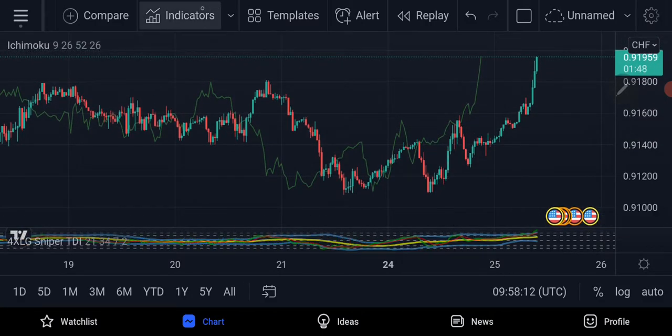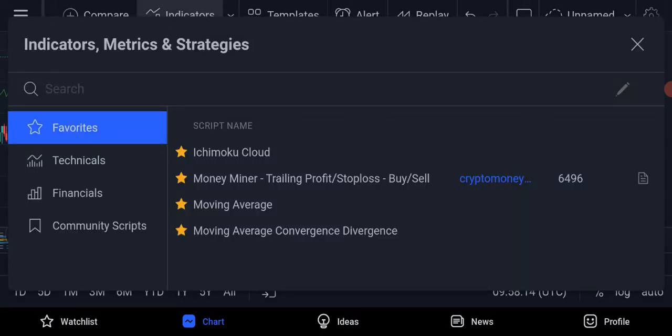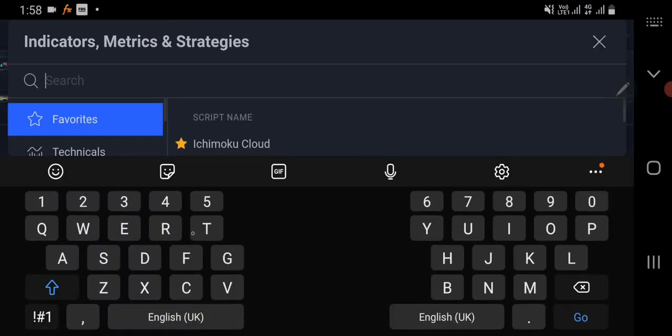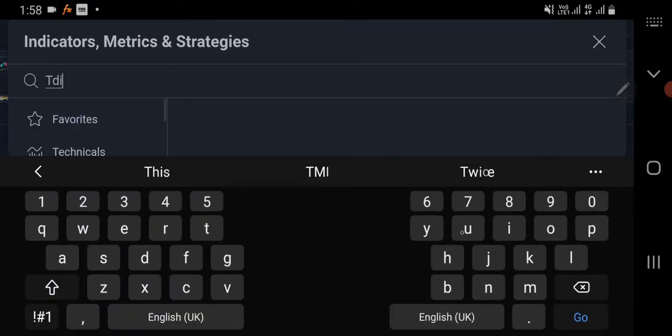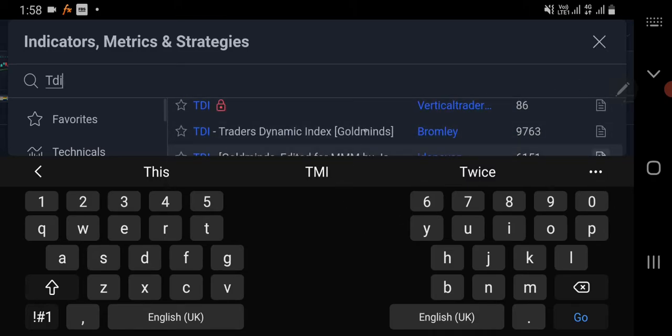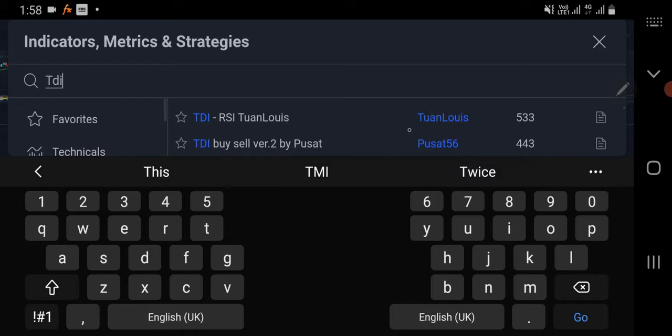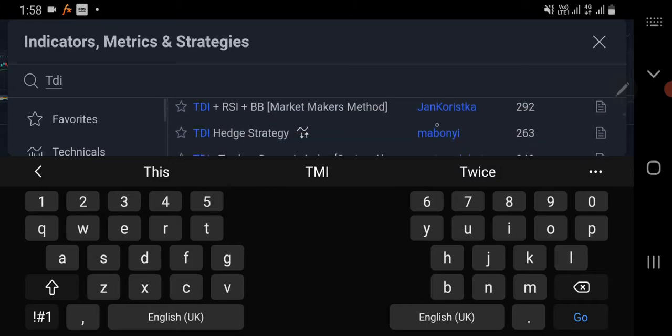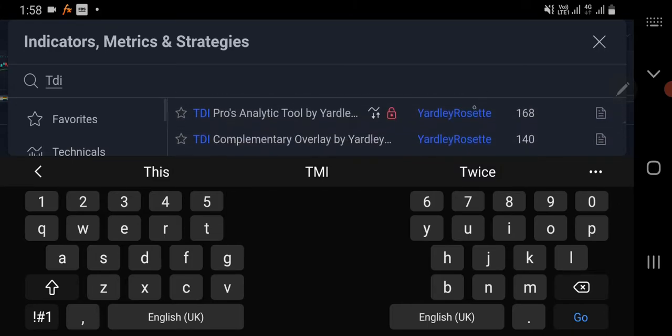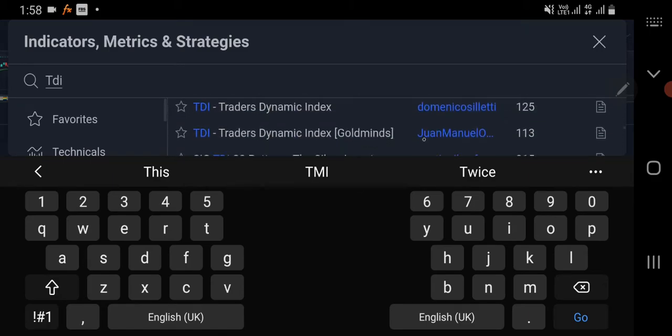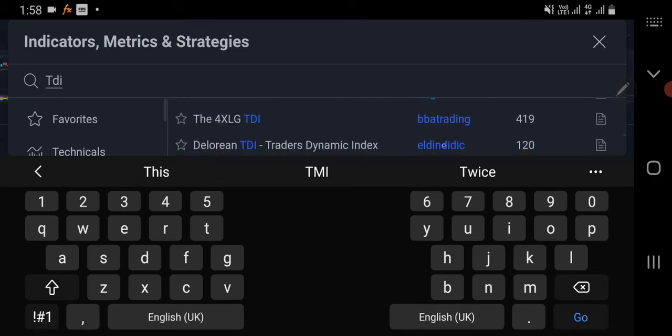You go to the indicator search bar. Here you can write TDI, but there are a lot of TDIs. If you look down below, you'll find a lot of TDI indicators which you can bring on your chart. The one we use is this one, the TDI for XLG TDI.